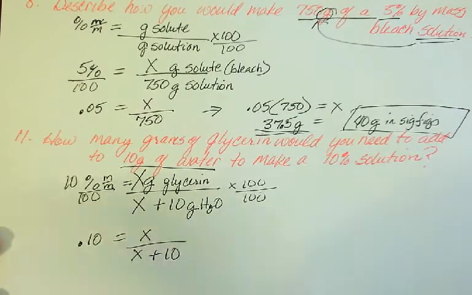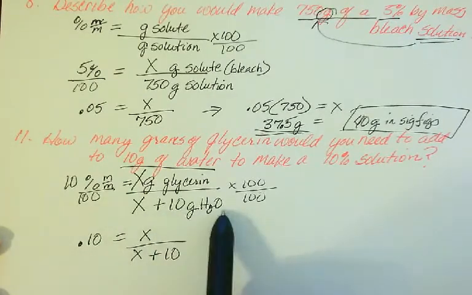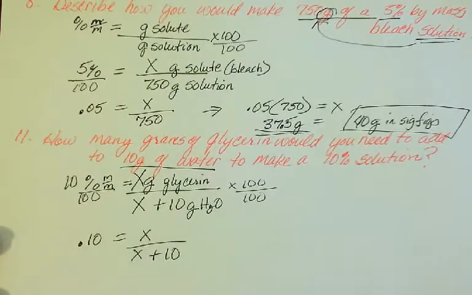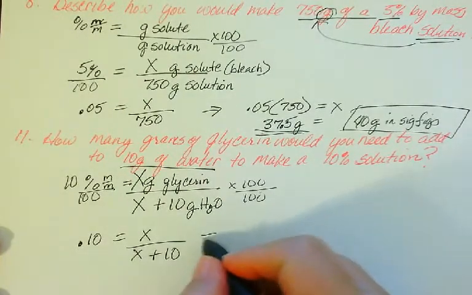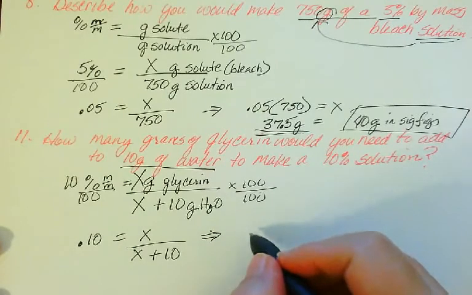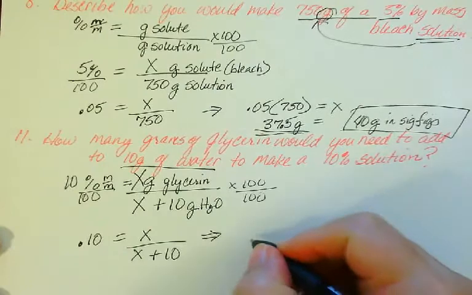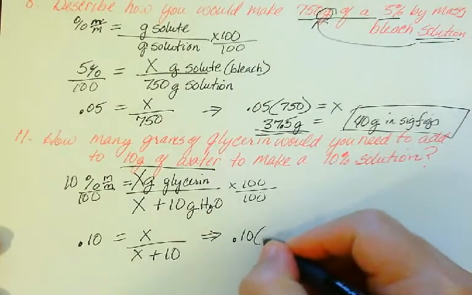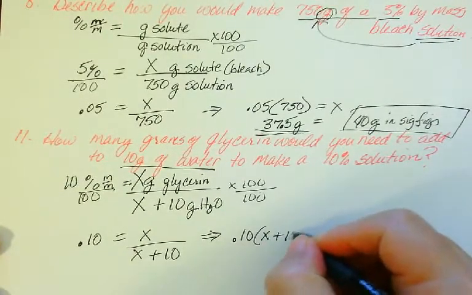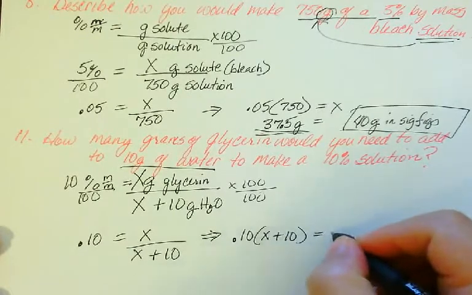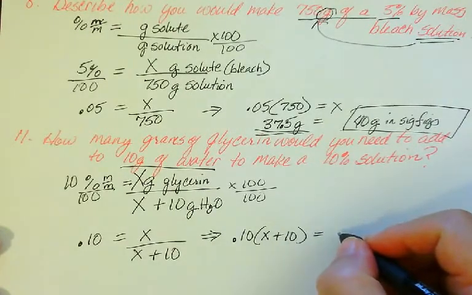I've removed the units and the chemical names so that we can just focus on the math piece. Same as before, I'm going to cross multiply, so that this is 0.10 times X plus 10 equals X.